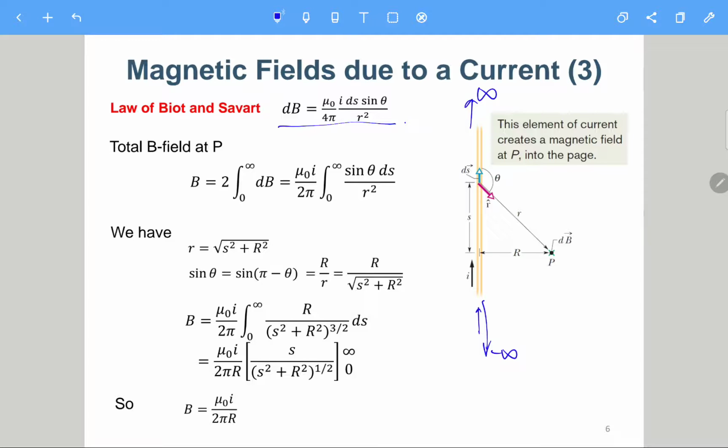Maybe we can call this the s-axis. Suppose we have a small segment here, which is ds, and what we are concerned with is the magnetic field at this point P.